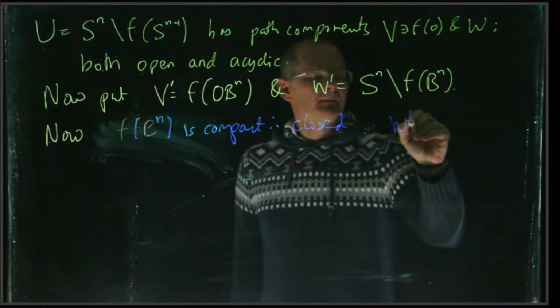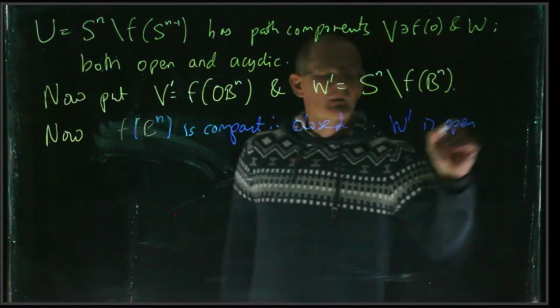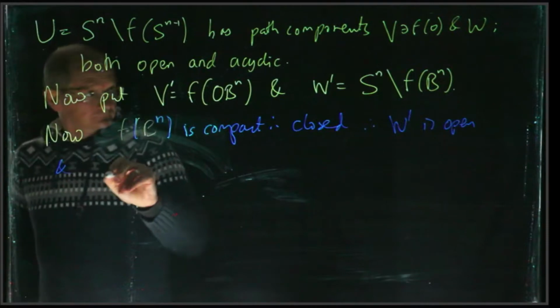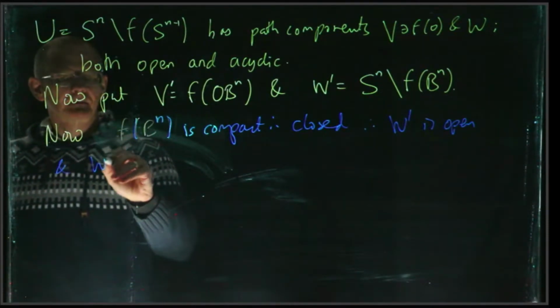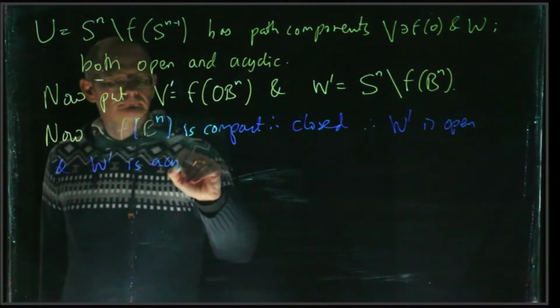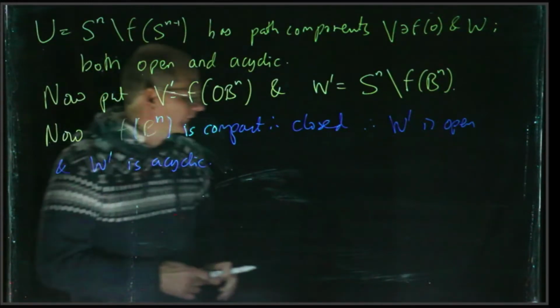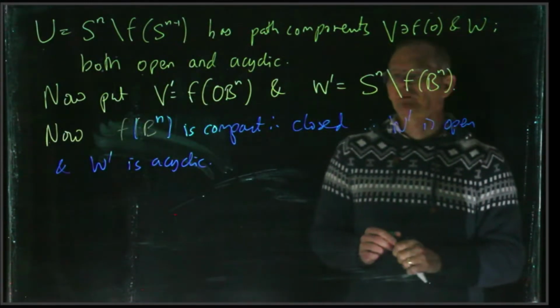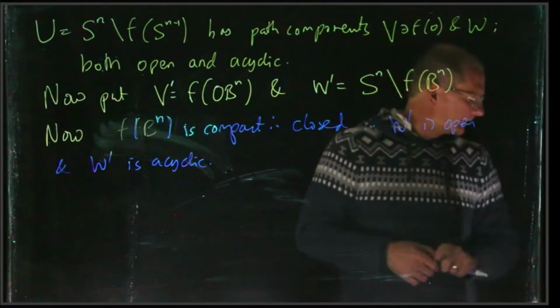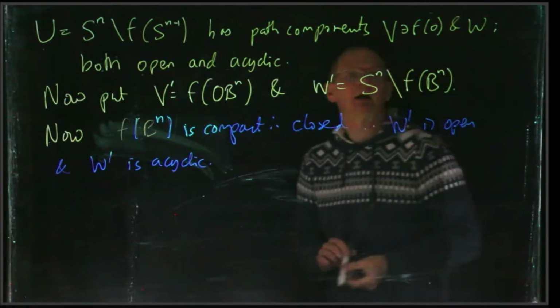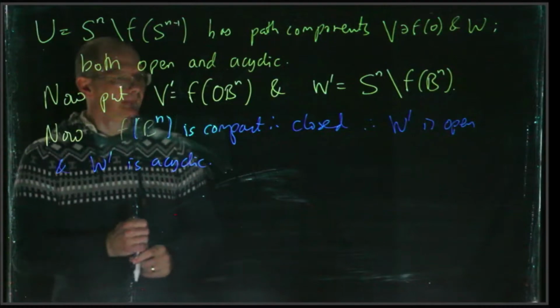So W prime is open, and also W prime is acyclic. Okay, so that was a big theorem we proved a couple of videos ago, that if you take Sn and remove the image of a ball, then it's always going to be acyclic.